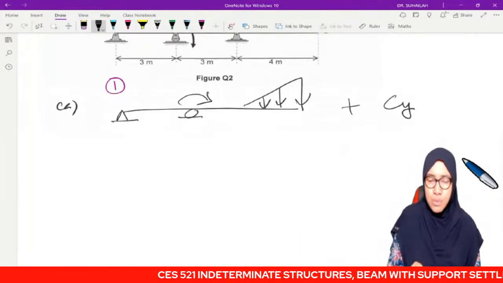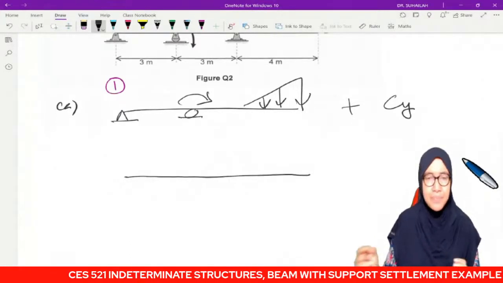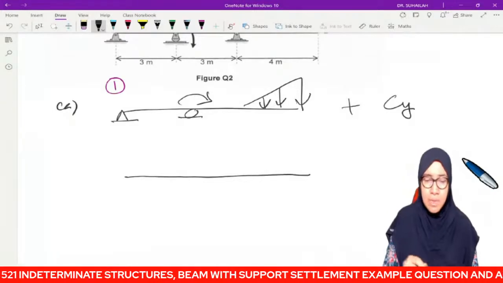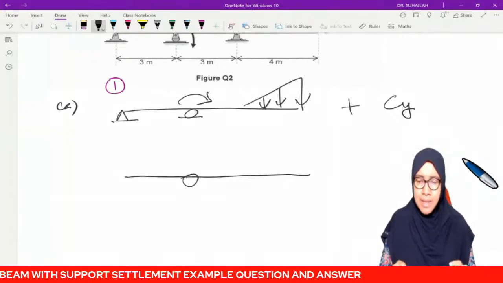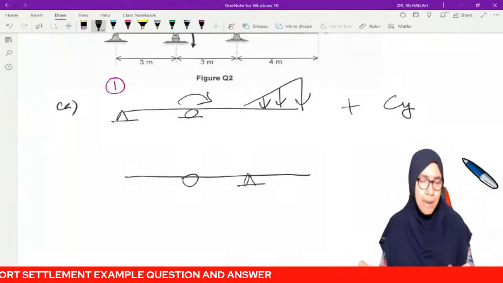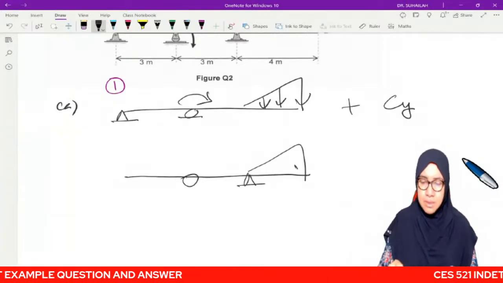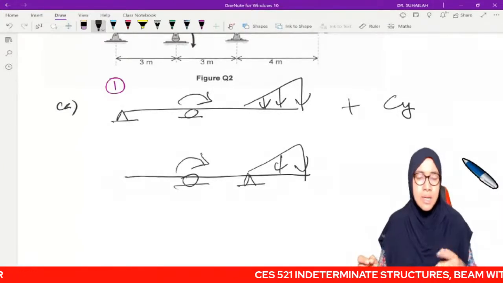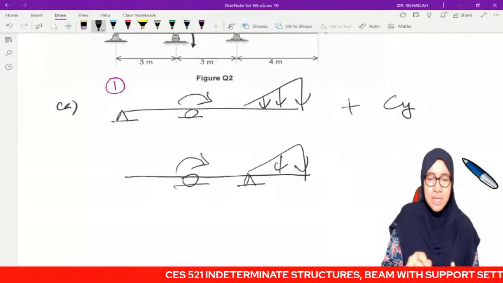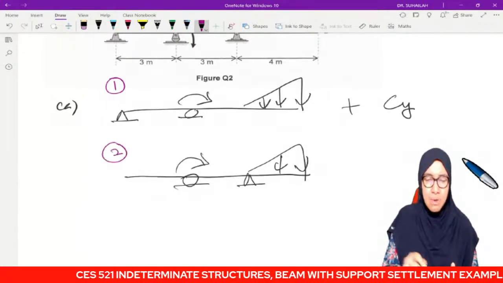The second possibility is when we remove A. When we remove A, the roller at B remains and the pin at C also remains. So this is the triangular load, and this is the moment. So this is the second possibility.